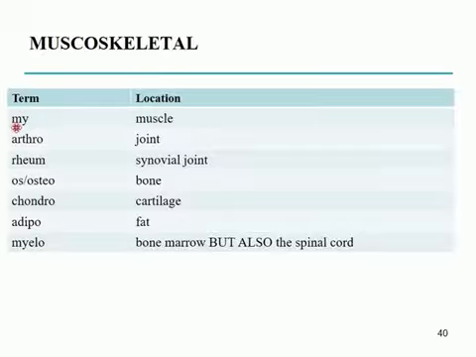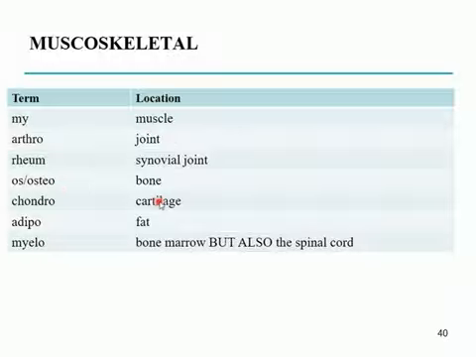Musculoskeletal, myo for muscle, arthro for joint. So arthritis is inflammation of the joint. Rheum is sort of like a sub-category of arthro because it relates specifically to synovial joints. So a rheumatologist looks at inflammation of those joints.